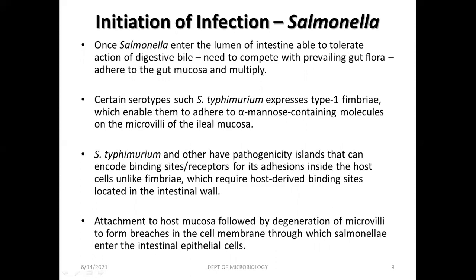Certain serotypes of the genus Salmonella, that include Salmonella Typhi, have the ability to express type 1 fimbriae. These type 1 fimbriae are able to adhere to the alpha-mannose containing molecules, which are present in the microvilli of the intestinal mucosa.